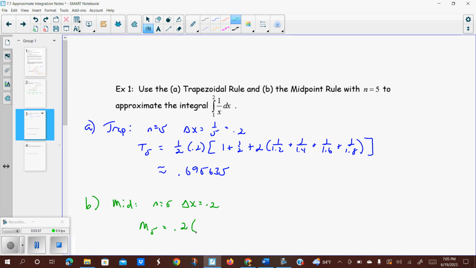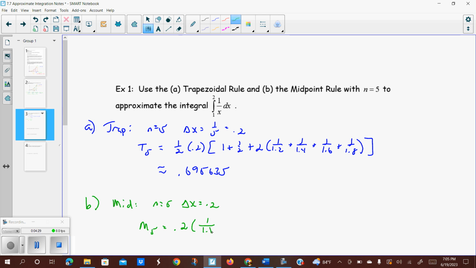Well, if there's 5 partitions, the bases are going to occur at the middle of all of the partitions. Each partition is separated by 0.2. Sorry, we're starting at 1, so it's 1, 1.2, 1.4, and so on. So it's going to be f of the middle between 1 and 1.2, which is 1.1.